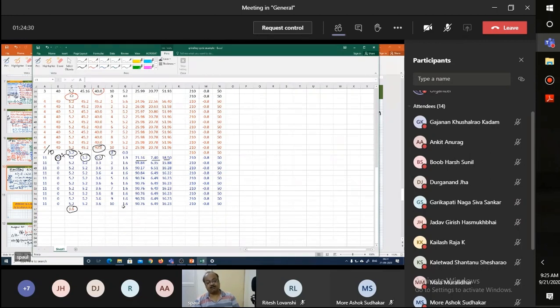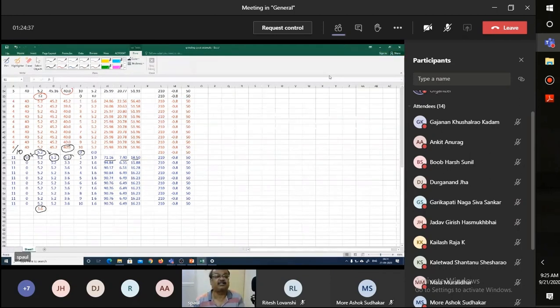One can solve the grinding simulation. And if one solves the grinding simulation problem, what would happen? He will get this kind of graphs.